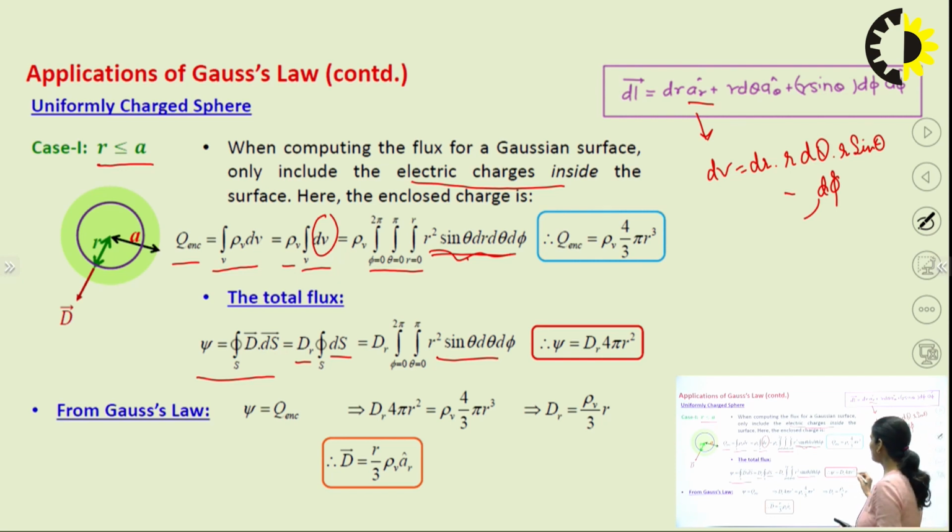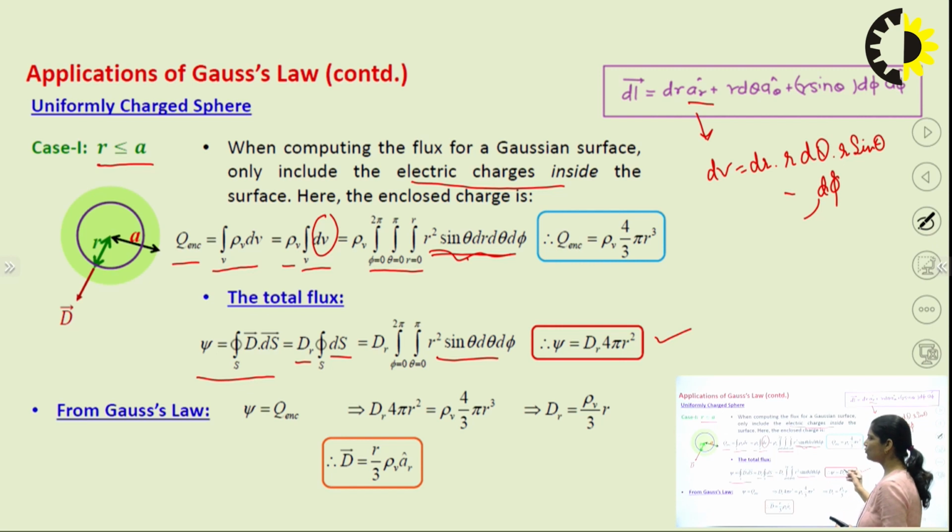Now, putting all these values and integrating, theta from 0 to pi and phi from 0 to 2 pi, you find the total flux is equal to D times 4 pi r squared.